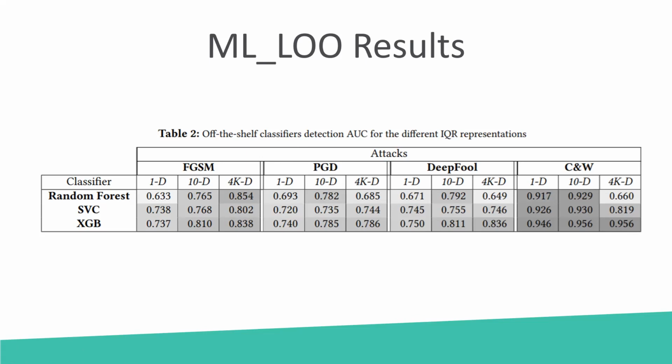But it's also worthy of mentioning that the XGB classifiers always did better than the other classifiers. If we look horizontally, these values are always better than the values above them that correspond to SVM and random forest accuracy values.